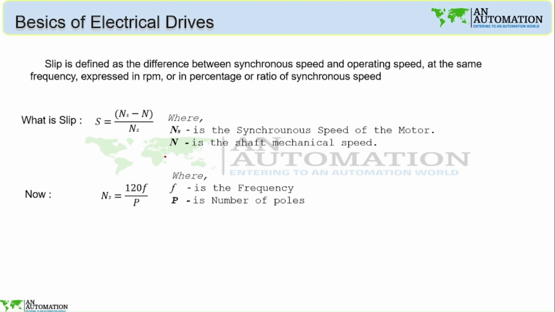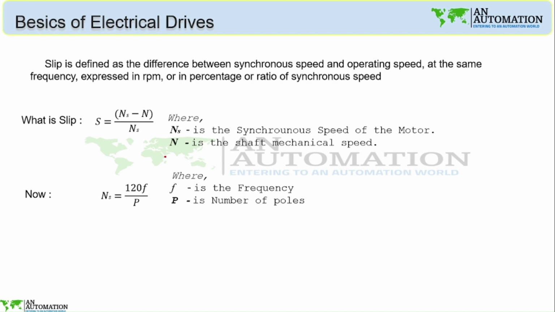From this equation, if we increase the number of poles, the speed will gradually decrease, and if we lower the pole number, the speed will increase. So in that equation there is one constant value, which is 120, and one variable value.